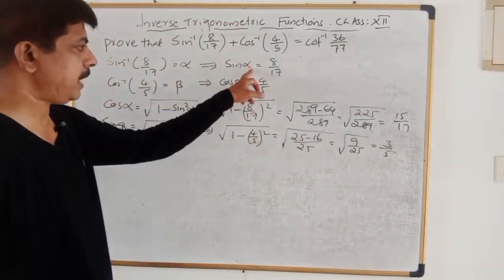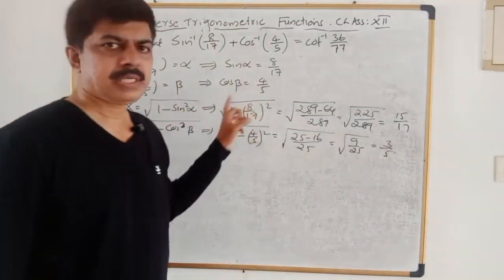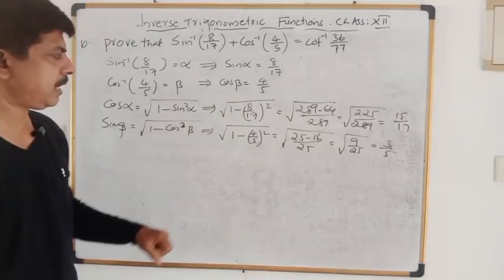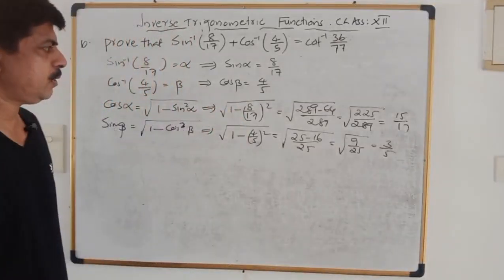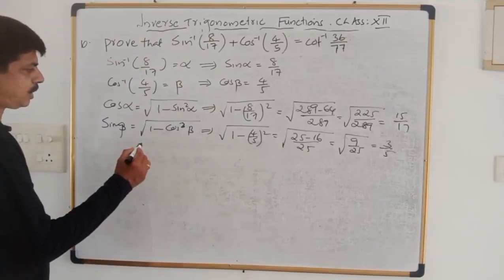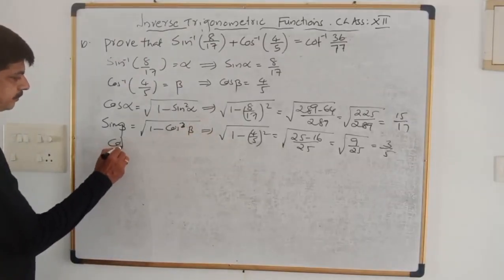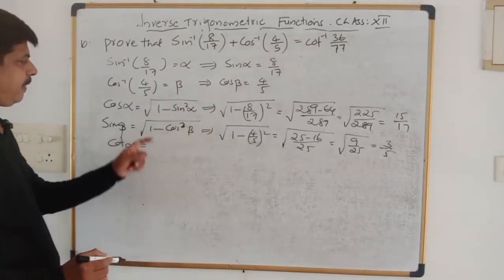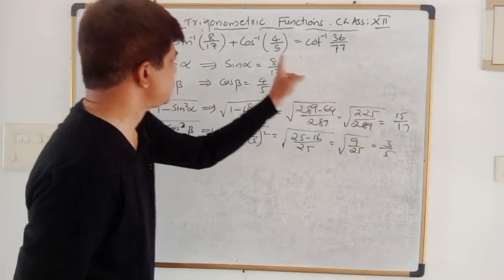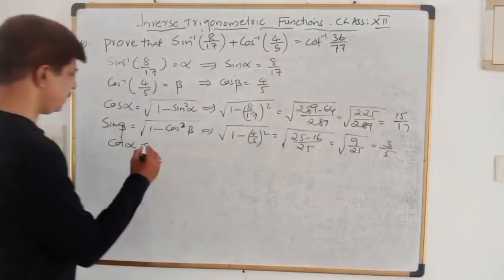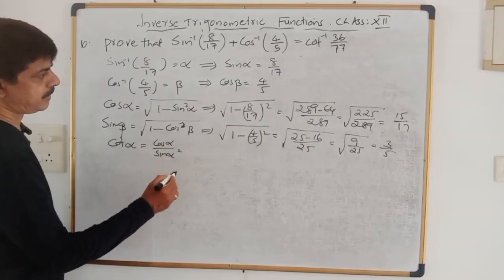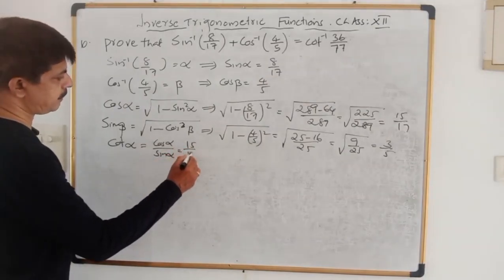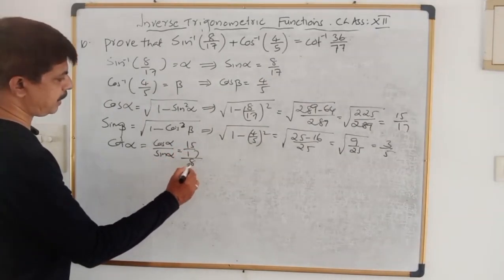We got sine alpha value, cos alpha value, sine beta value, cos beta value. So we are required to find out cot alpha, cot beta. What is cot alpha? Cot alpha is actually cos alpha by sine alpha. What is cos alpha? 15 by 17 by 8 by 17.